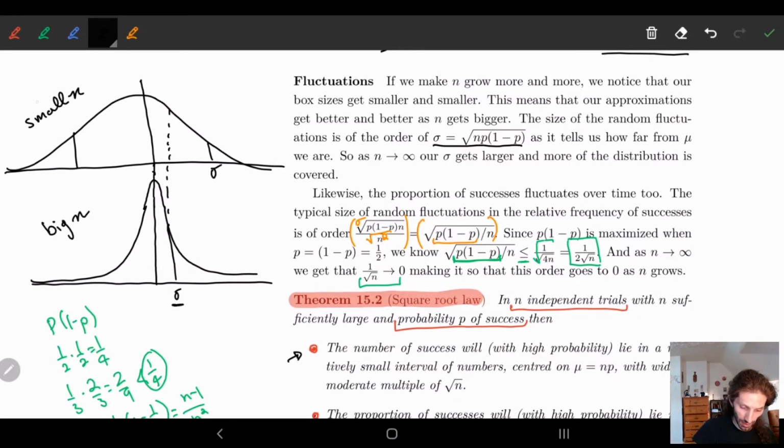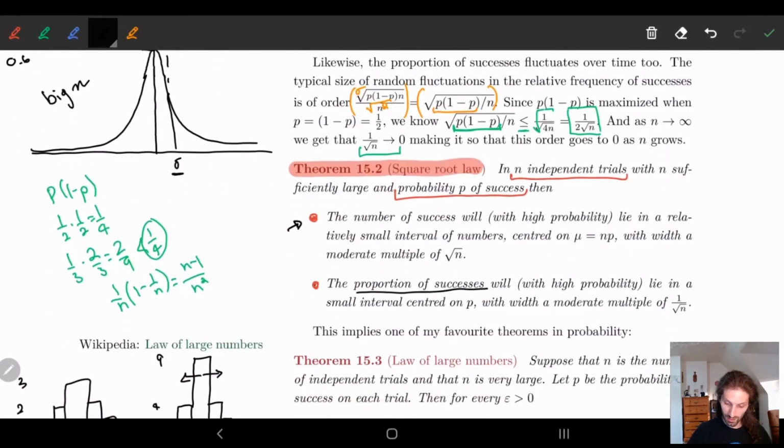So say roughly 1/3 are here, and this one will become like 1/6 or something. This is really trying to see how many of these things end up in this area. And it turns out the proportion is again going to lie on a small interval which is centered on p. In this case, it's whatever the probability is. This is where the proportion of success is going to be.